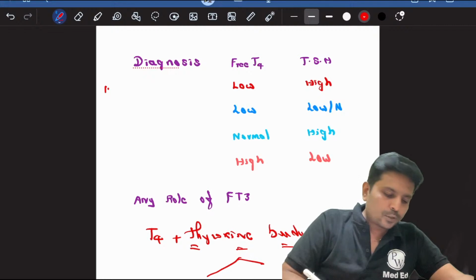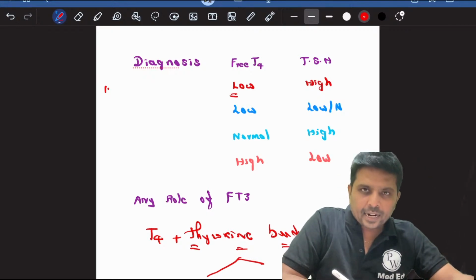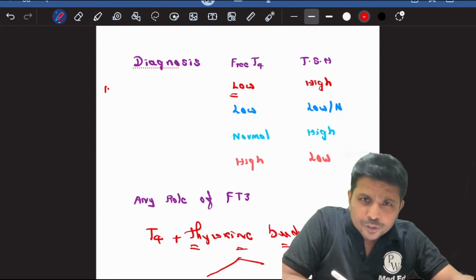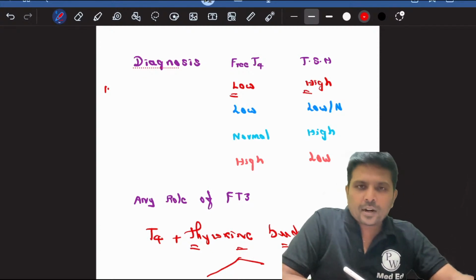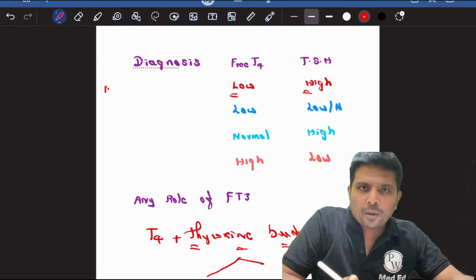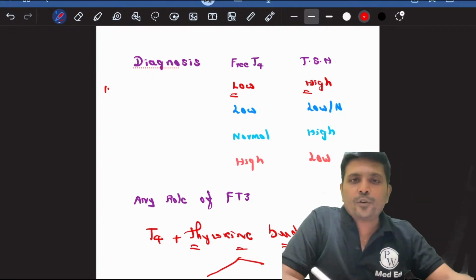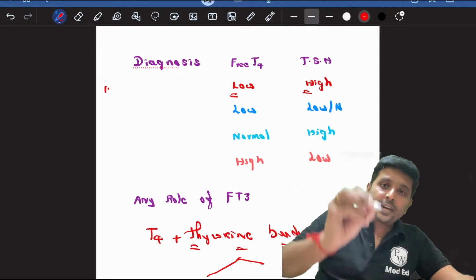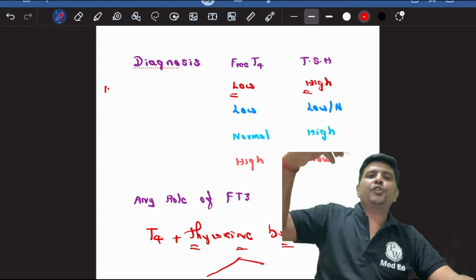Look at this. In case 1, free T4 is low. That means your thyroid gland is not producing thyroid hormones, but TSH is high. So what does it mean? There is a problem in the thyroid gland. So thyroid hormone T4 is not produced. Since thyroid hormones are not produced, the negative feedback mechanism is not there.